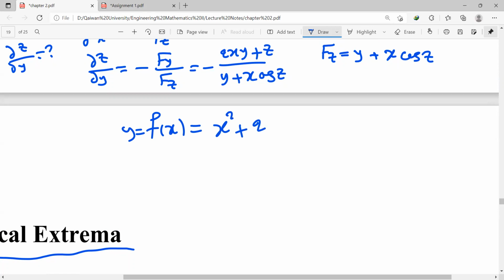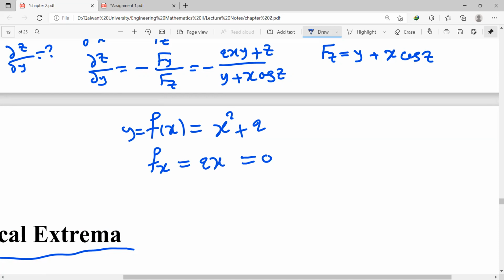To find the maximum or minimum for this function, we first find its derivative. But here we have only one variable, so f sub x is 2x. We equal this to 0. Then we find the value of x.